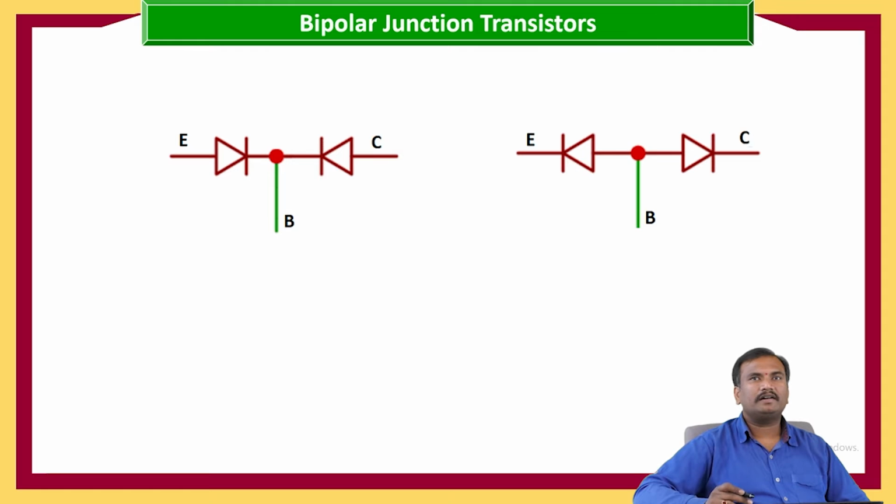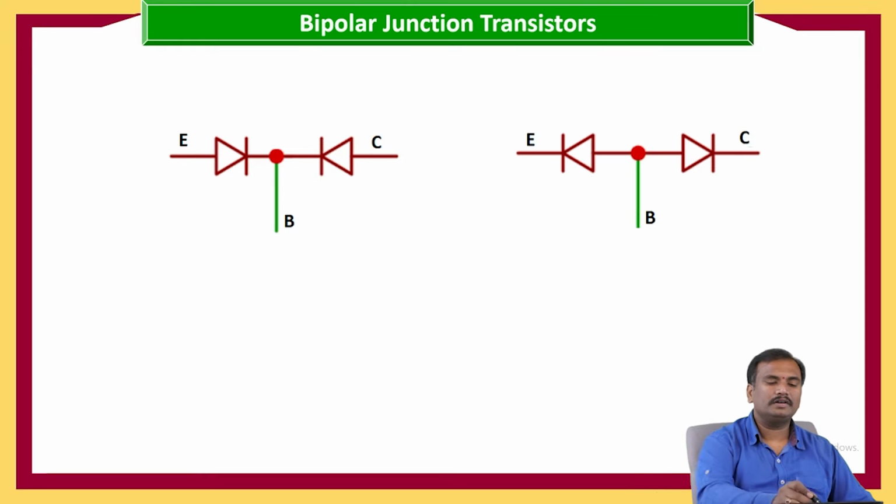Here is the two junctions representation with the help of diodes. This is a PN junction diode which is connected in a forward direction, and these two diodes are connected in the opposite directions.